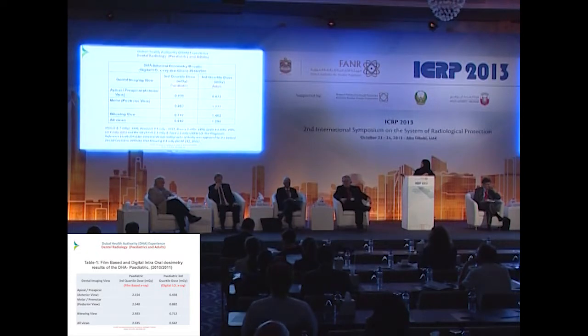If we compare our data with other published data, we can see that our data is much lower, mainly because we are dealing with digital, while our conventional data are within published data.